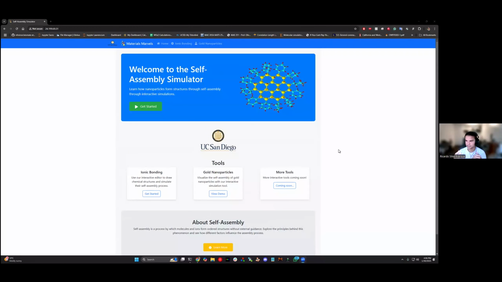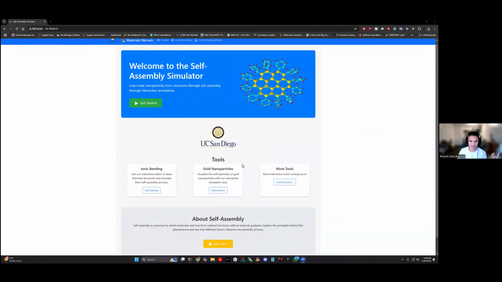We can talk about data analysis and how we can even modify the tool that we already have to make the data available for students to download and maybe operate on.